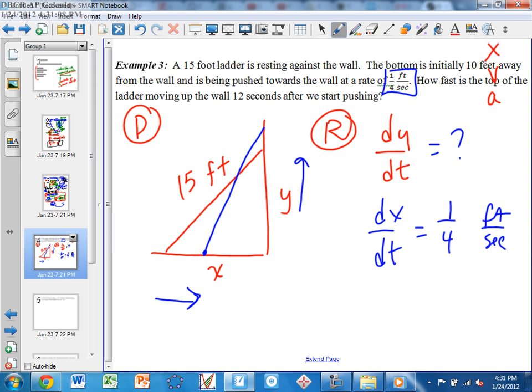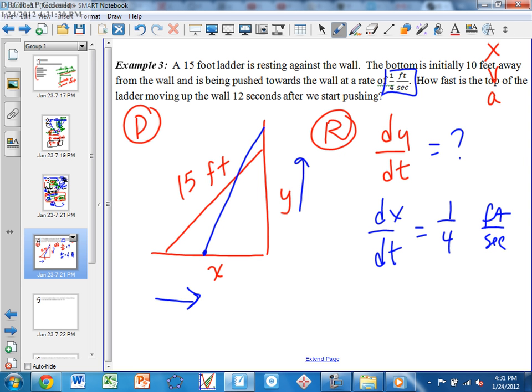What else do we have in this problem? Say again? We know how fast it's moving. Okay, we think about it that way. That's fine. We know that initially it's 10 feet away. We want to know 12 seconds after. The initial 10 feet away.